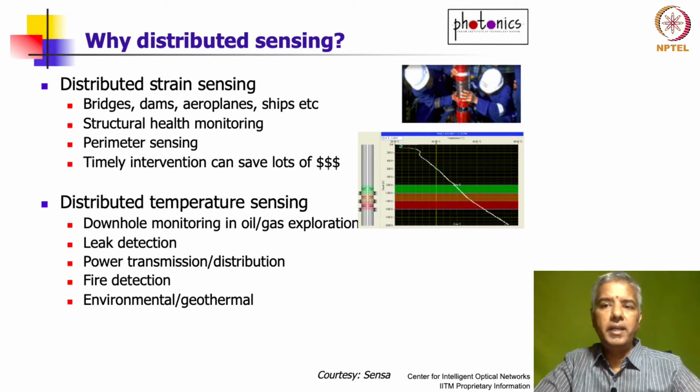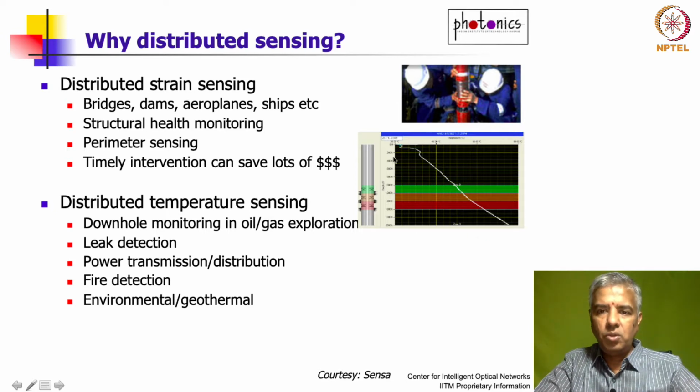And one very nice example of that is oil and gas exploration. So when you do oil and gas exploration, especially when you drill a pipe and you try to find out what is the level at which oil is present. Here you are tracking the depth, so this is actually the ground level, and then you are going deeper down the well, and here you are tracking temperature.